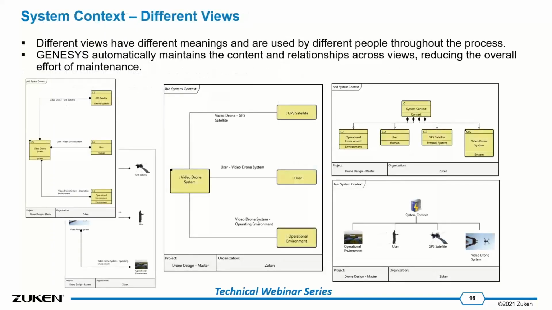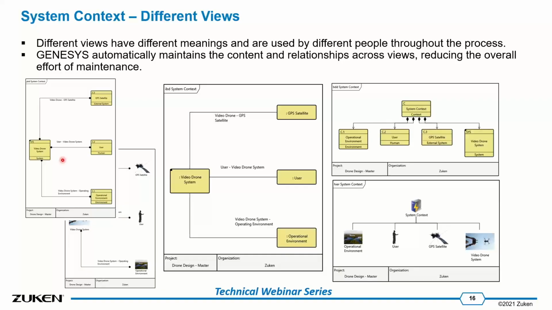System context can come in a lot of different views, and different views are used by different people for different meanings. The diagram I was showing is somewhat hidden down here in the corner, and here's the same diagram without images. An internal block definition diagram can be used to bring more information out as we detail the model out.